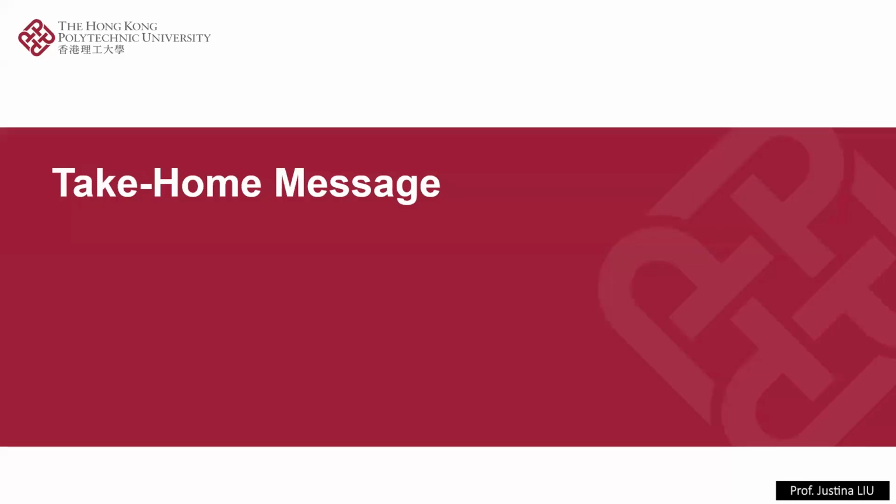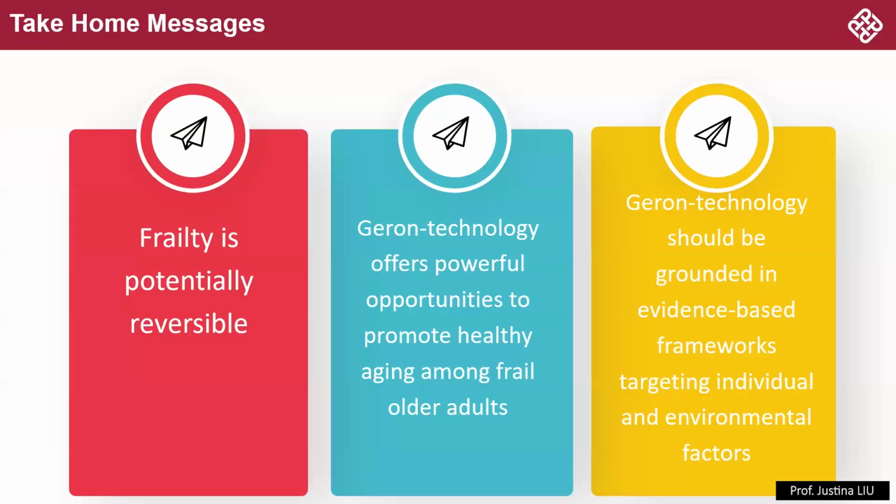So I think this is almost the end of my presentation. The final take-home message is: do remember frailty is potentially reversible, because during the stage of frailty, people have not yet developed any disablement. So it provides a very valuable intervention window to reverse the frailty status.